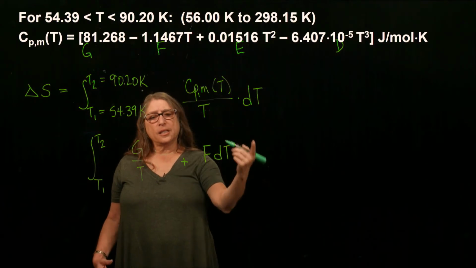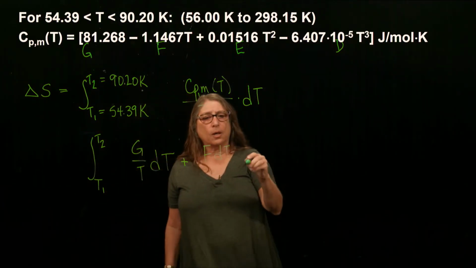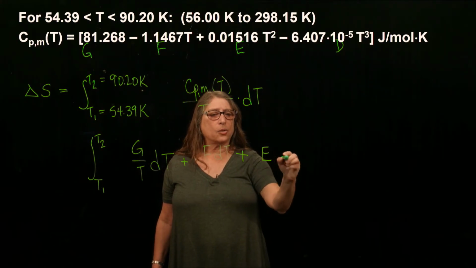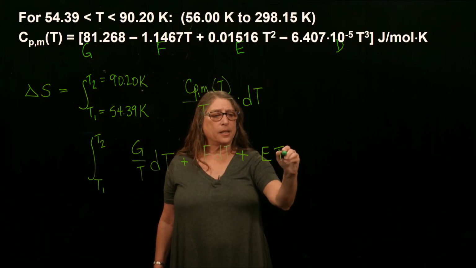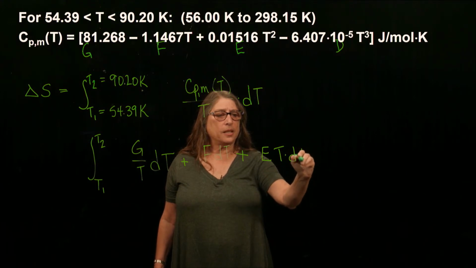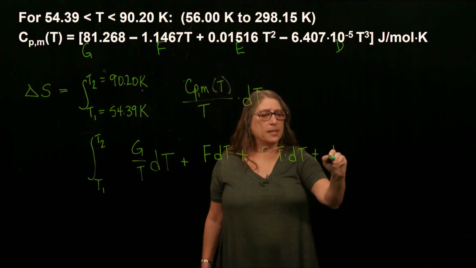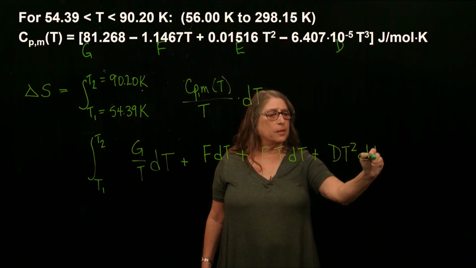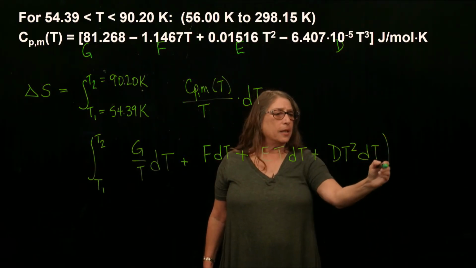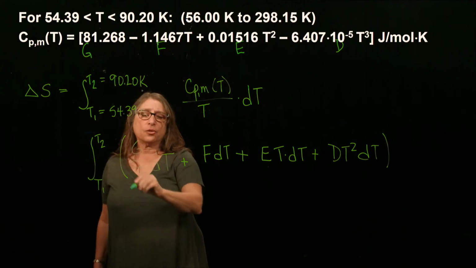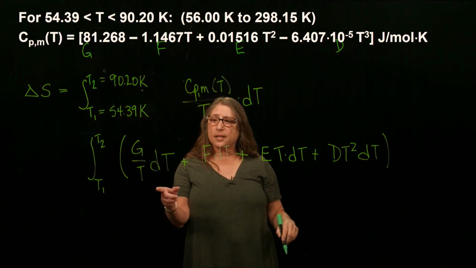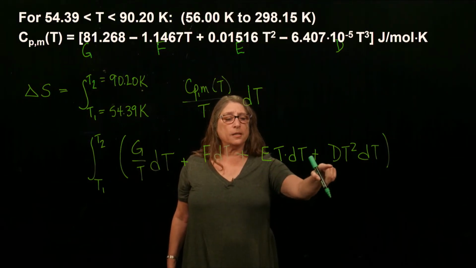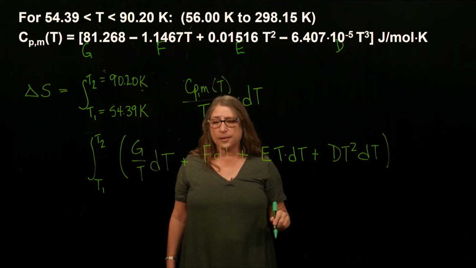So I'm dividing the T by dT, and the T will go away, plus E, I divide the T squared by T, and I get T times dT, plus D T squared dT, because it had been cubed. And all of this I have to integrate, and the way to integrate this is to integrate each individual term and then sum them up together in the end.